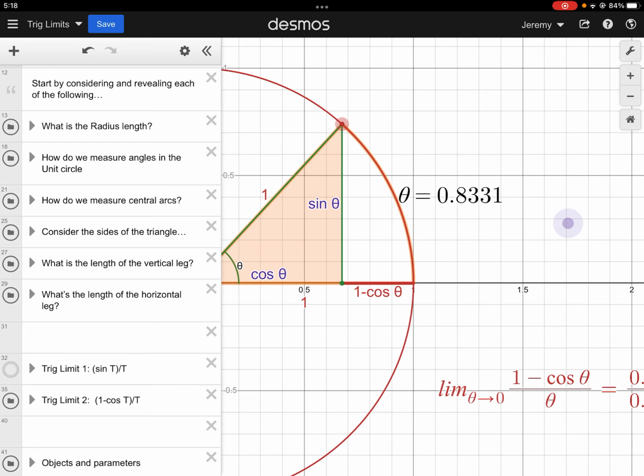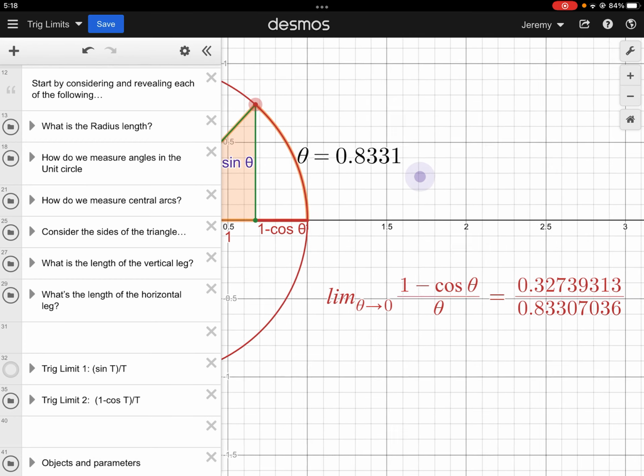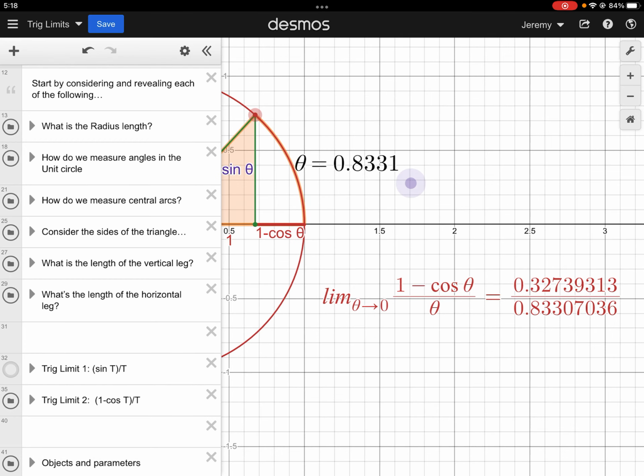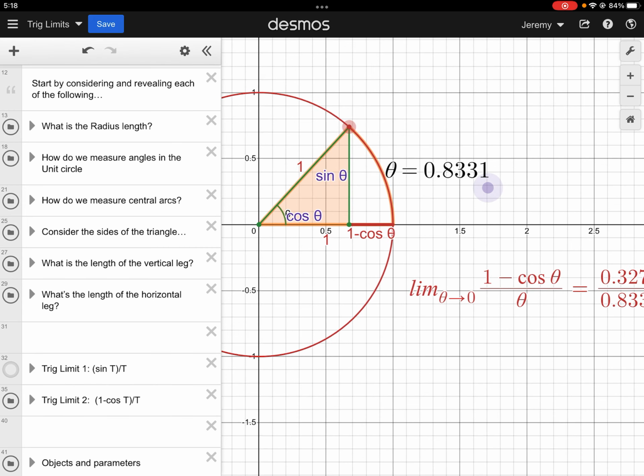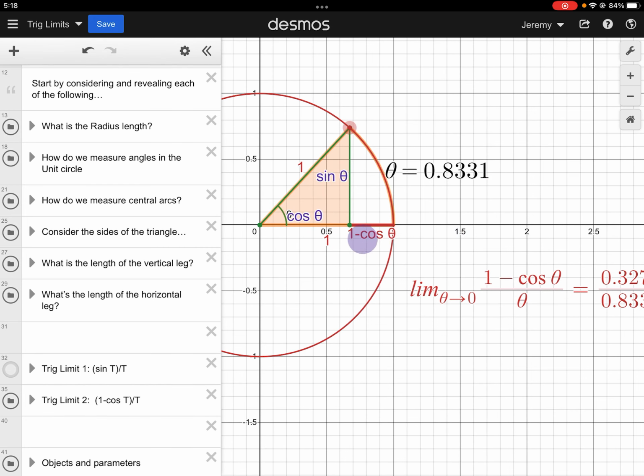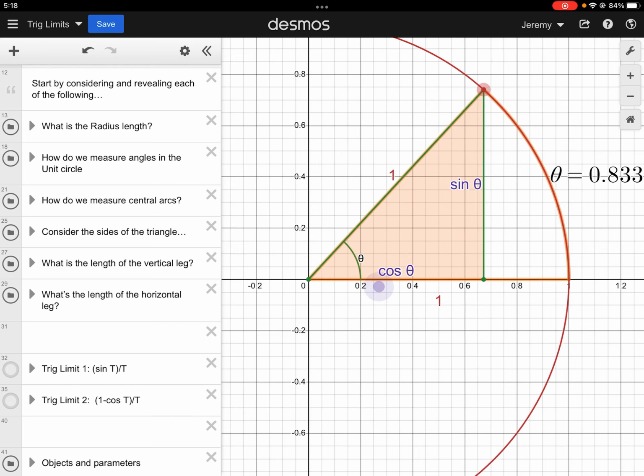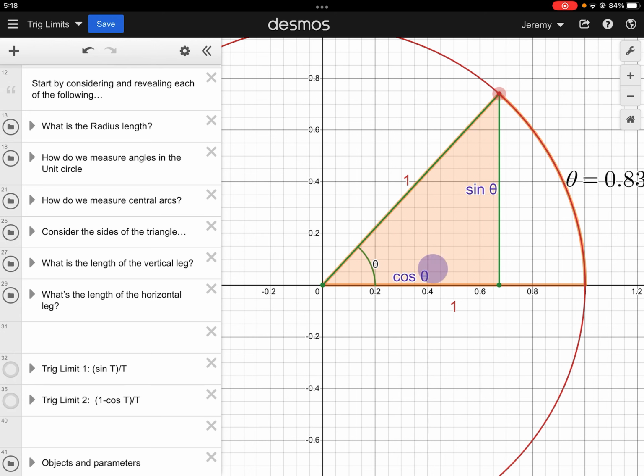Well, what about our other limit? So our other limit here, 1 minus cosine. Where is 1 minus cosine? Well, we said that this whole length here is 1, from this horizontal length to the edge of the circle. We know that cosine is the actual length from 0 to this point. So 1 minus cosine is this little leftover piece here.